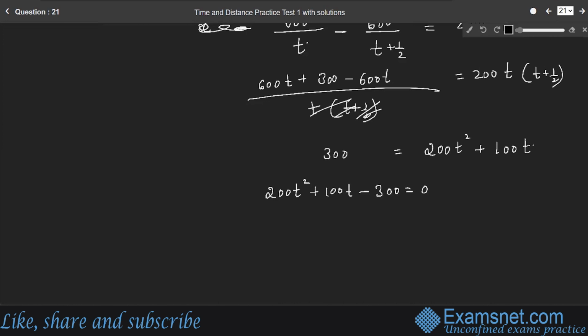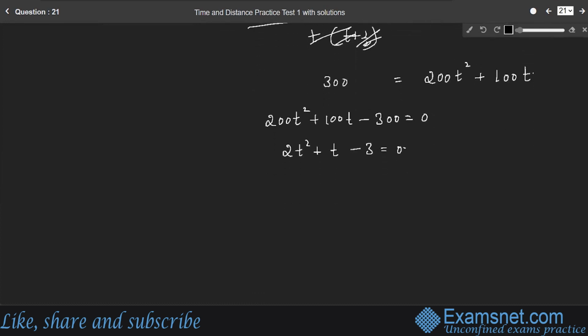Take 100 as common, so we have 2t square plus t minus 3 equals 0, a quadratic equation. Find the value of t by splitting the middle term. The coefficient of t square is 2 and the last term is minus 3, so their product is minus 6.